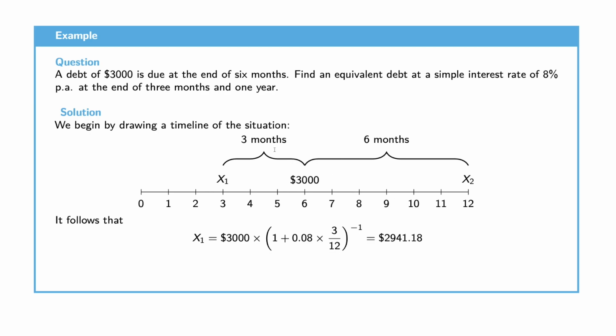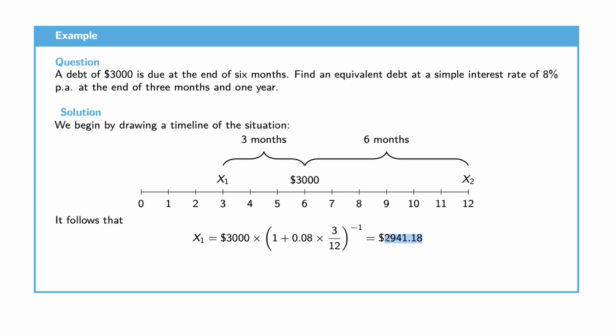To calculate our value of X1, we've taken our $3,000 and discounted it. Notice, because we've taken it to the power of negative 1, that's some date earlier in time, and we've discounted it using the factor 1 plus R, which is our 0.08 or 8%, and then T, which is 3 on 12, again 3 on 12, not 3.